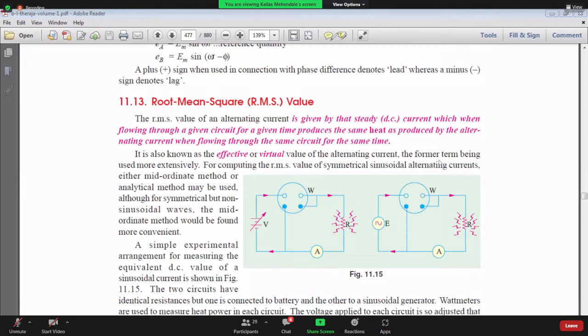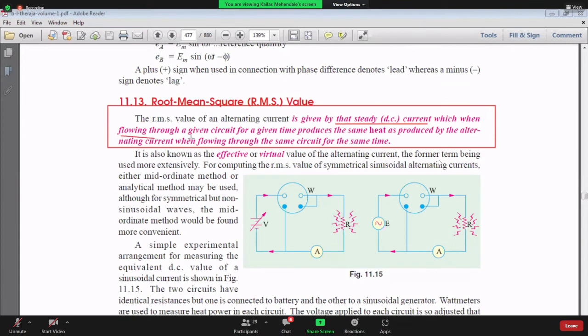First, let us go through the definition of the root mean square value. The root mean square value of a current is given by that DC current which, when flowing through a given circuit for a given time, produces the same heat. As shown on the left hand side, here we had a circuit through which the DC current was flowing and the resistor was heated up.